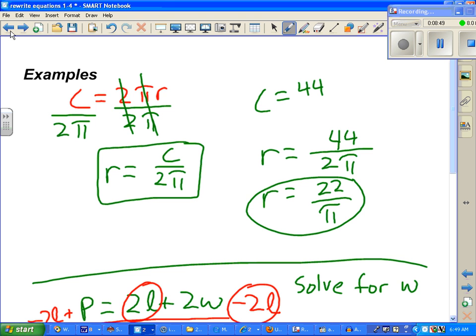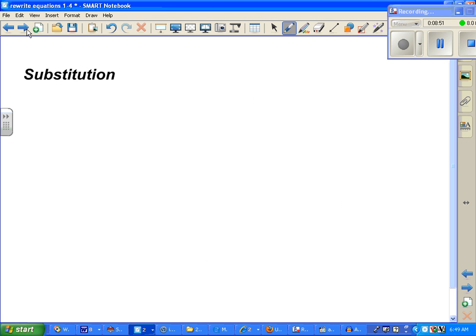Hold on, I need to make a new page. Oh, no, we're fine. Substitution. Let's look at example 3. So it has 9x minus 4y equals 7. They say solve for y.